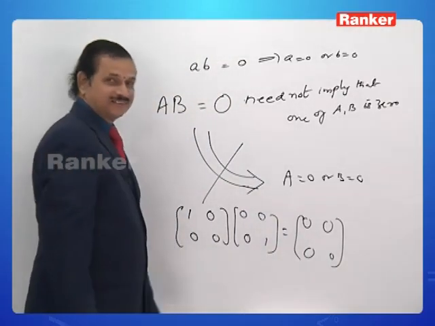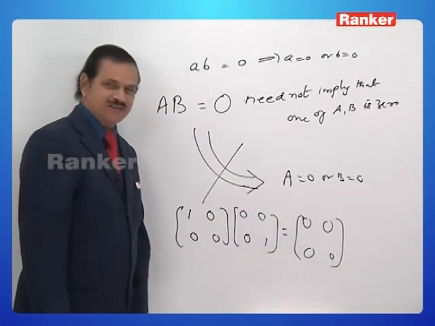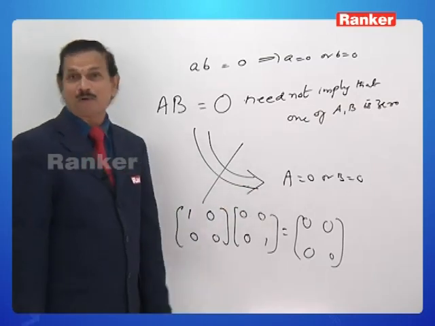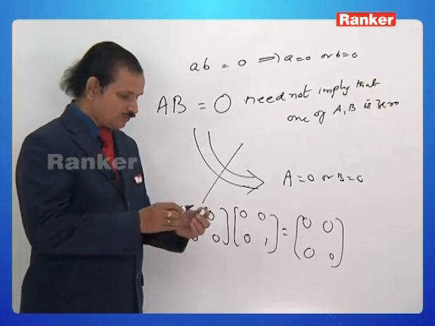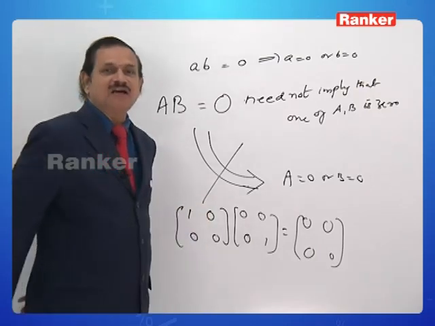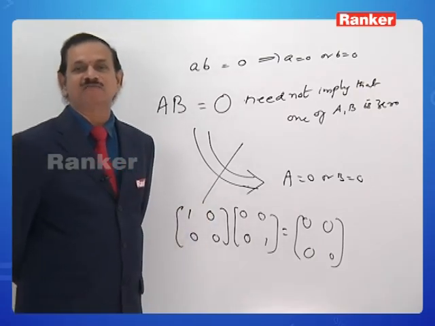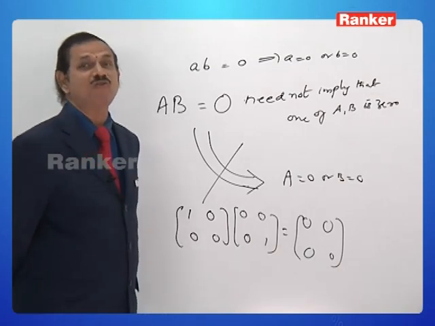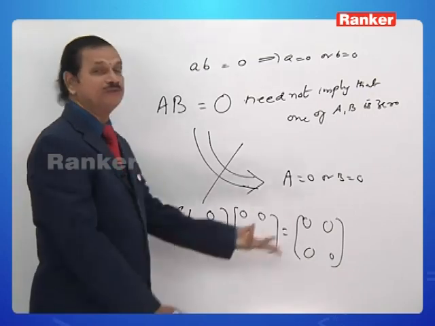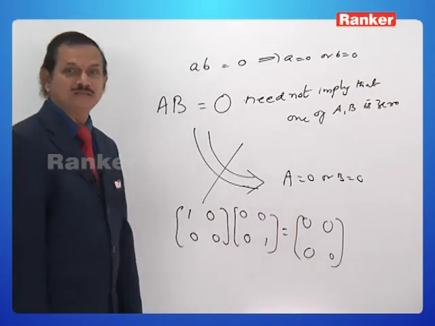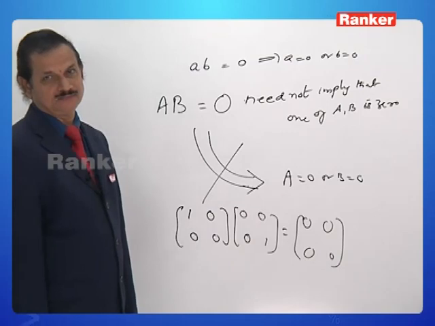This is a non-zero matrix, that is a non-zero matrix, and the product is the 0 matrix. With this character, we say that the set of matrices is not without zero divisors. There are zero divisors in the set of matrices, isn't it?